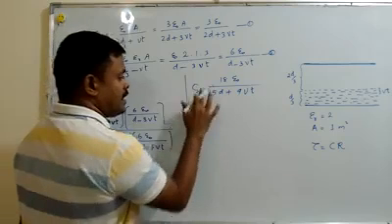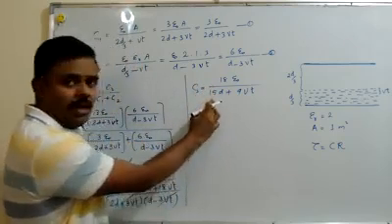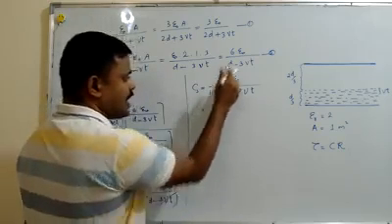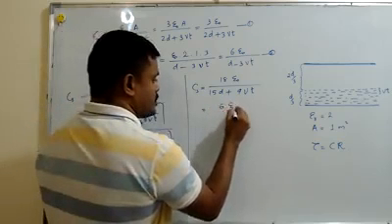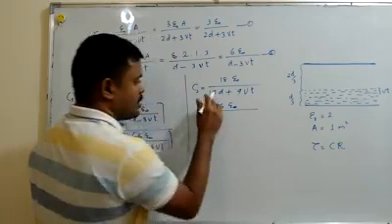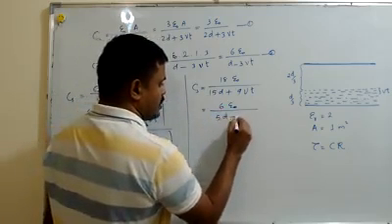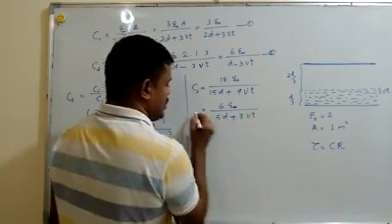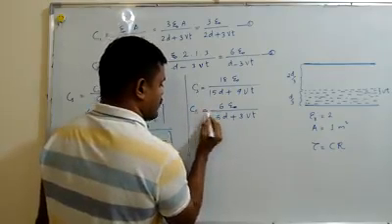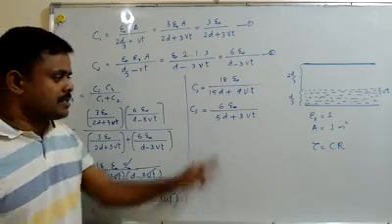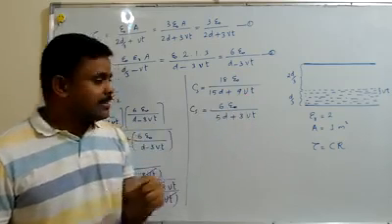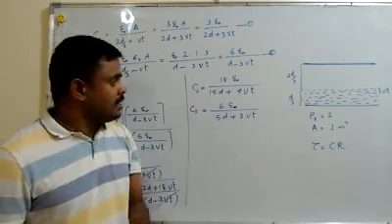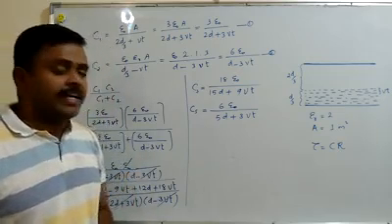So I can take 3 common on denominator. And if I do that, the numerator gets cut here. And that will give me 6 epsilon 0 divided by 5D plus 3VT. This is the effective capacitance. I've taken 3 common on denominator. That 3 gets cut. So in the end, you'll get 6 epsilon 0 by 5D plus 3VT.